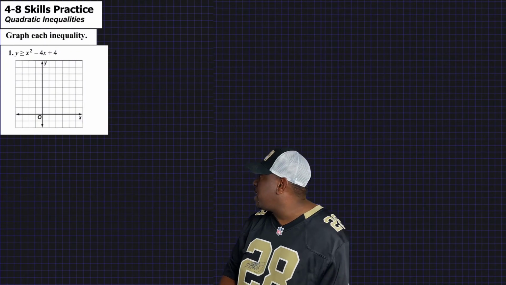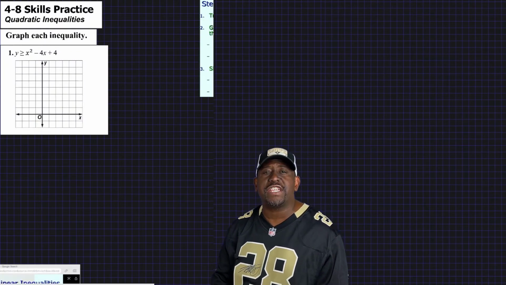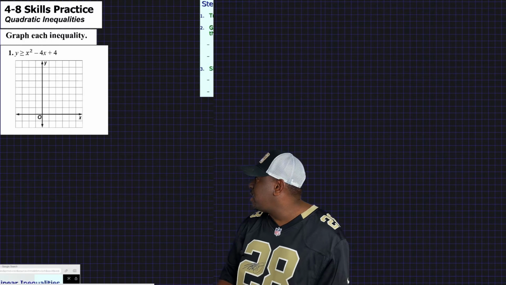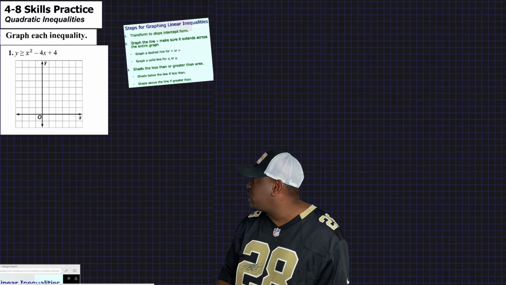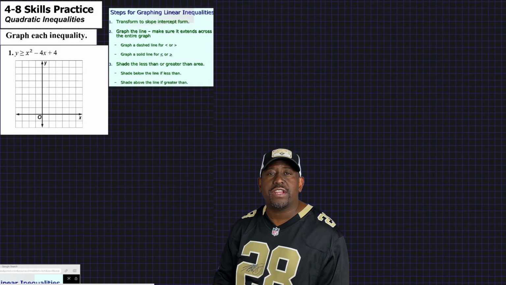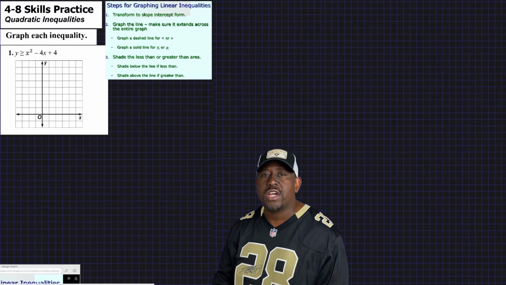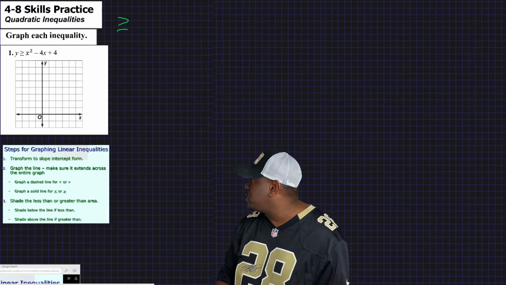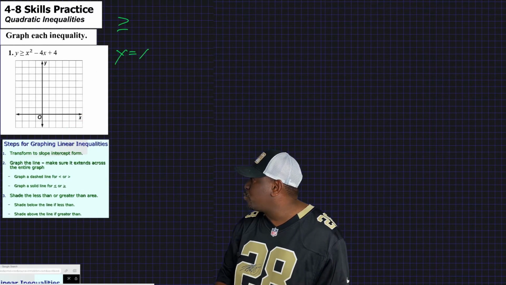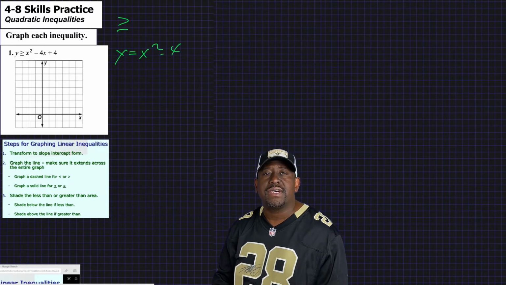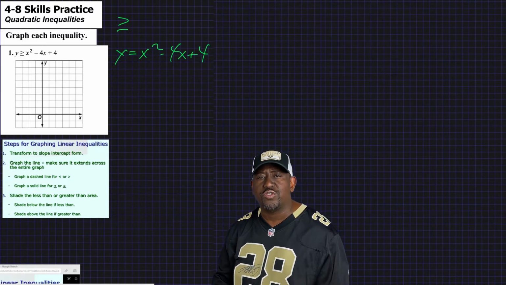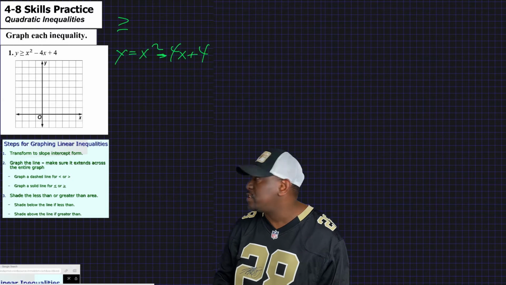So we're starting by graphing each inequality. We have here a quadratic inequality of y greater than or equal to x squared minus 4x plus 4. So what we first want to do is I present to you some rules for graphing linear inequalities that you can use as a template to make it easier.